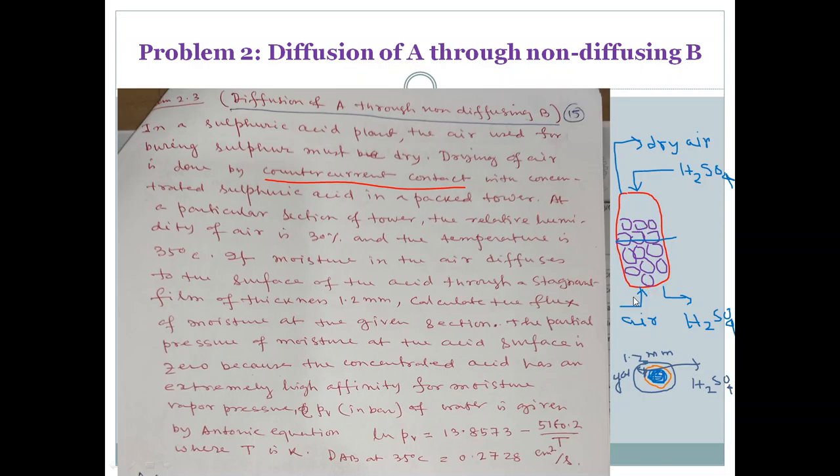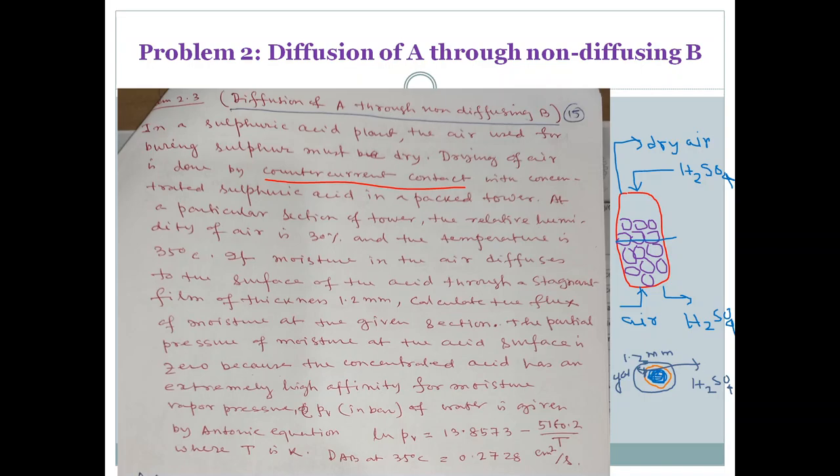If you take the microscopic view, the sulfuric acid is coming from the top and air is going from the bottom, and at the interface between the sulfuric acid and air, moisture is moving from the gas phase to the liquid phase, but air, that mixture of nitrogen and oxygen, is not diffusing from the gas phase to the liquid phase.